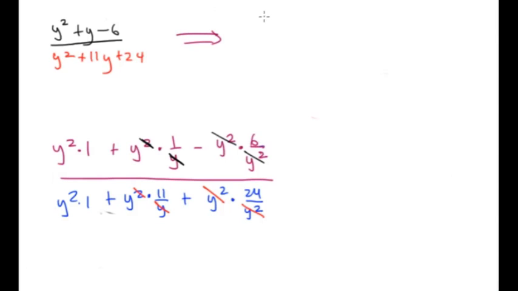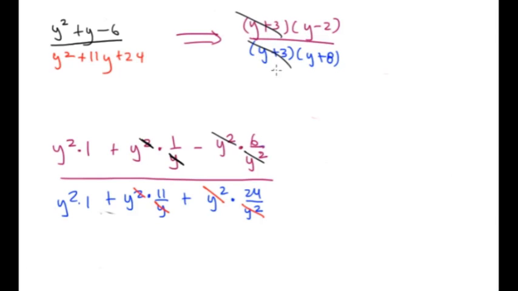The numerator simplifies to y plus 3 times y minus 2, over y plus 3 times y plus 8 if you do your factoring. And now we can do simplification. We can cross out the y plus 3's, and we are simply left with y minus 2 over y plus 8 as our final answer.